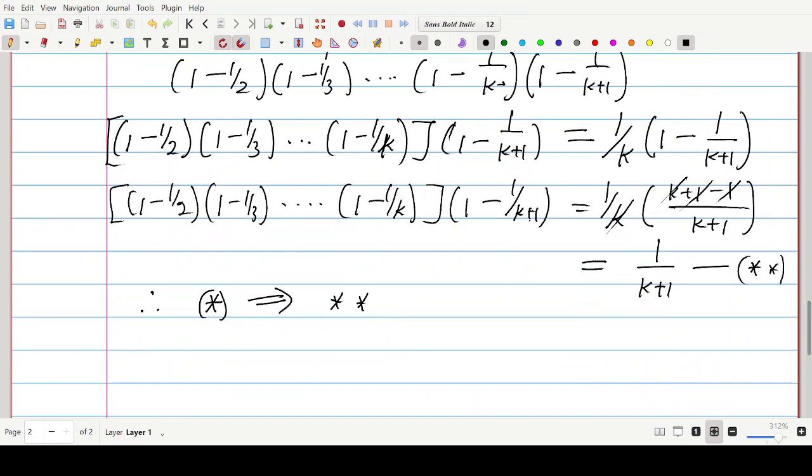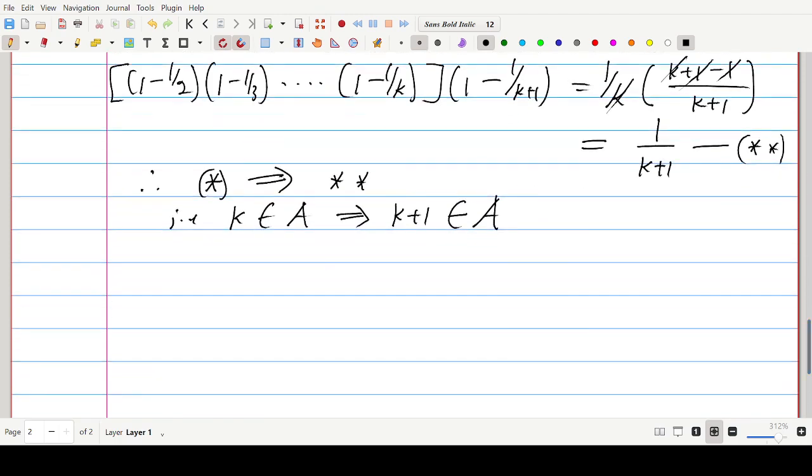In other words, that is, k being an element of A has implied that k plus 1 is also an element of A. And by the axiom of induction, it follows that n is an element of A for all n being elements of the set of positive integers.